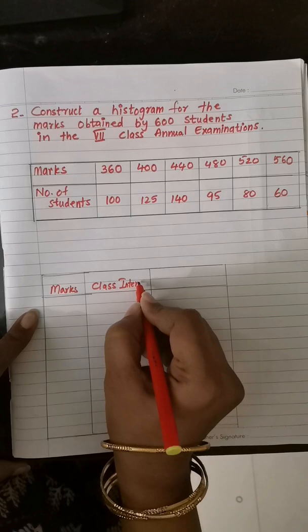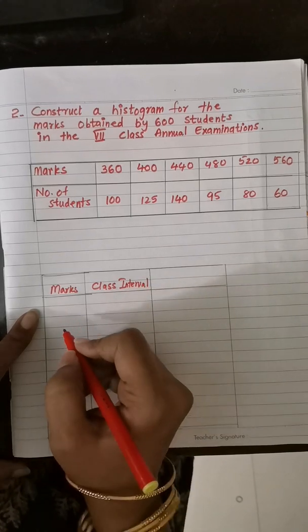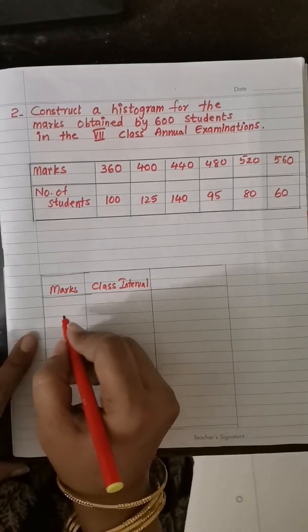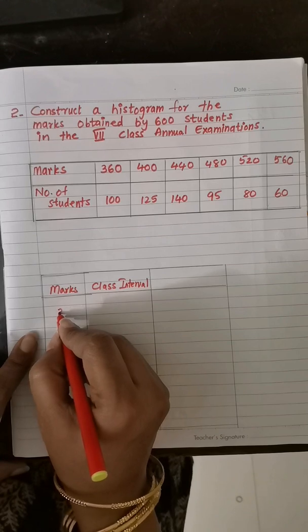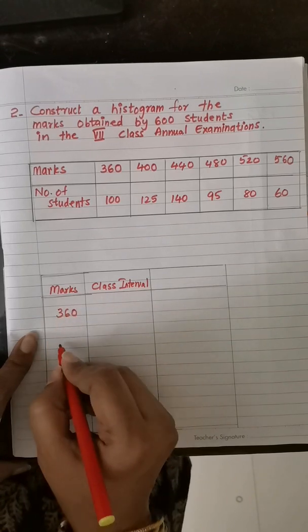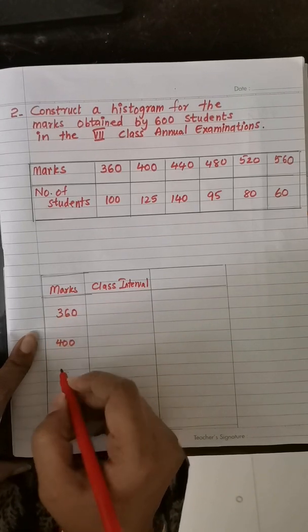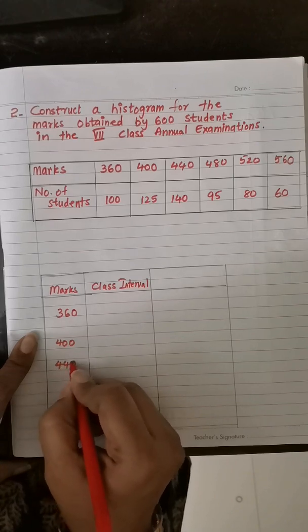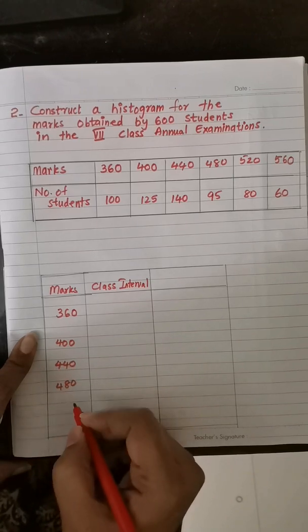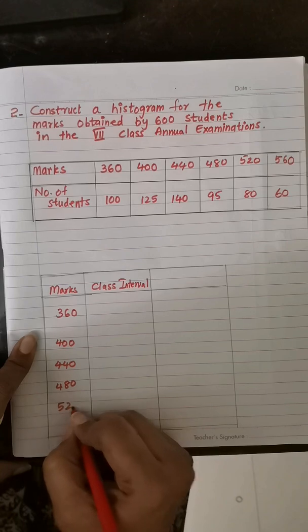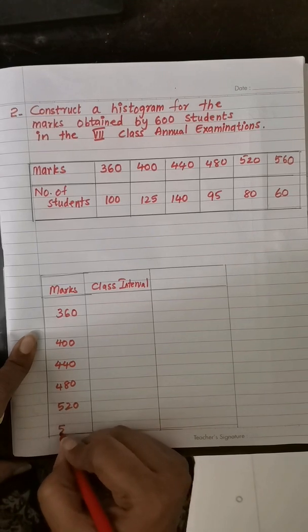You already know how to calculate class interval when the class marks are given. Now, this is 360, 400, 440, 480, 520 and 560.